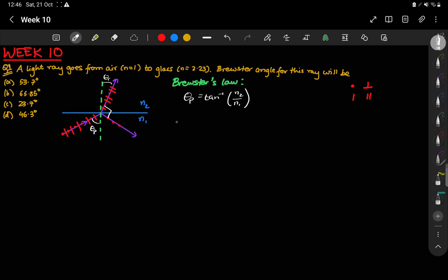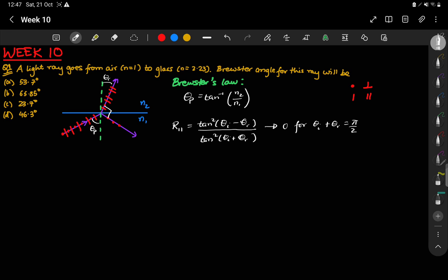Now, where does this come from? We can see that the reflection coefficient for the parallel component of the polarization is given as follows, where theta I is the incident angle and theta r is the refracted angle. Now this reflection coefficient for the parallel component is 0 only when theta I plus theta r is pi by 2. Why?